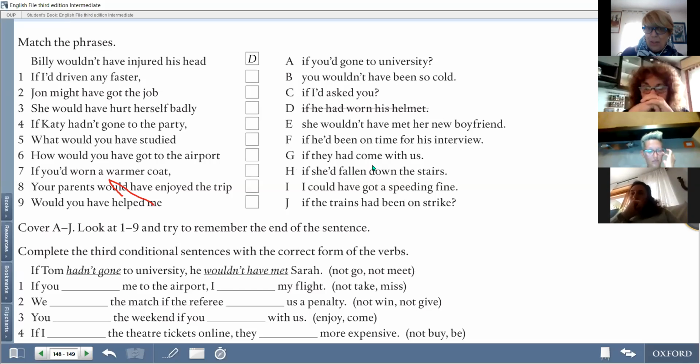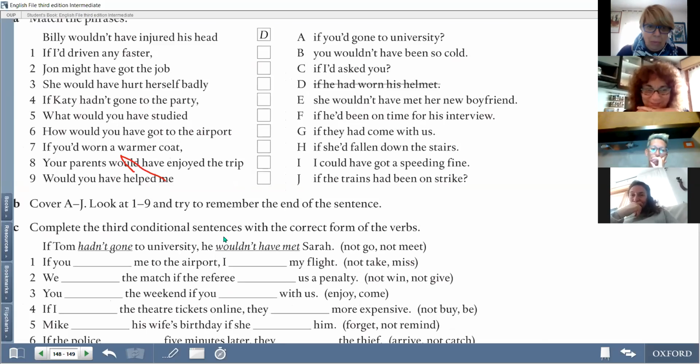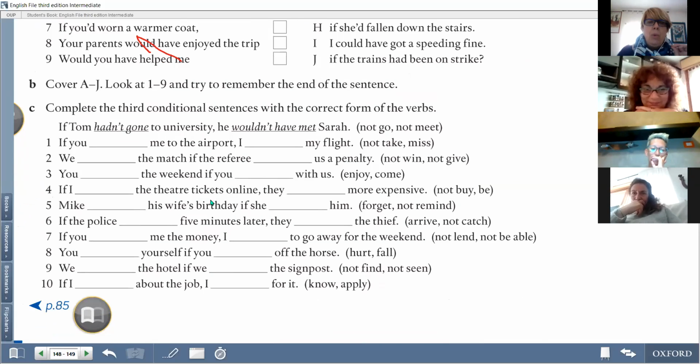assimilate everything, okay? So it's very good that you already understand how to manage this kind of tenses that we are going to take and study again and again and again in the next book, that is the upper intermediate, okay? No problem. Remember, we never leave any rule behind.